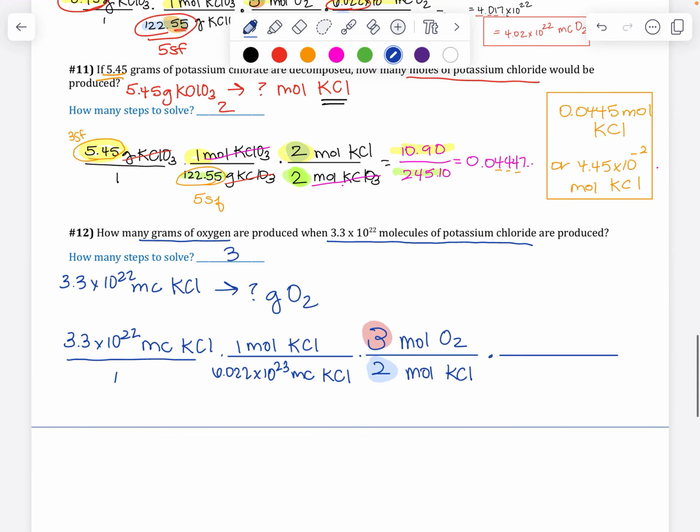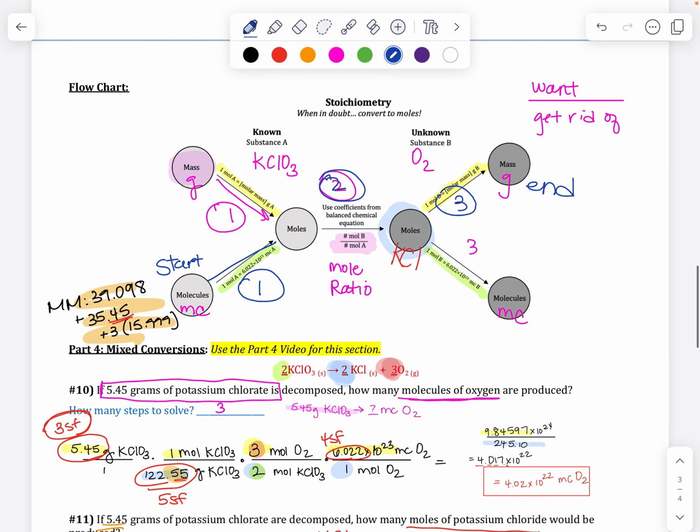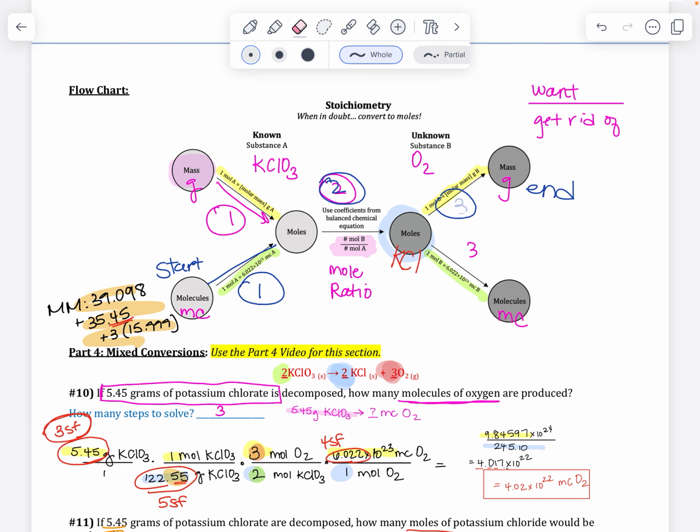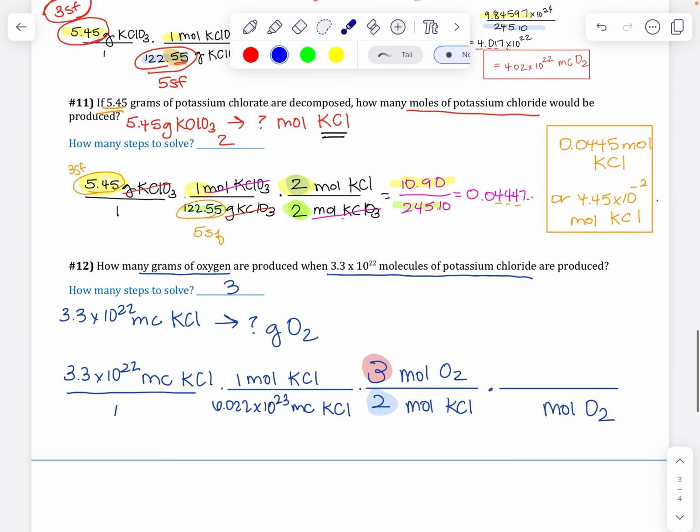All right, and our last step to get to grams. Now we're at moles of oxygen, so I need to get rid of moles of oxygen. Well, in this third step, 1 mole of anything is the molar mass. So 1 mole on the bottom, molar mass of oxygen on the top.